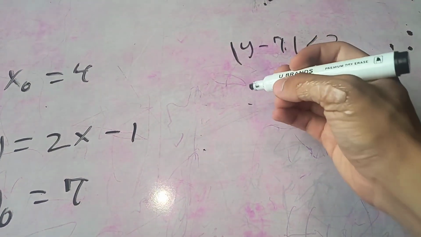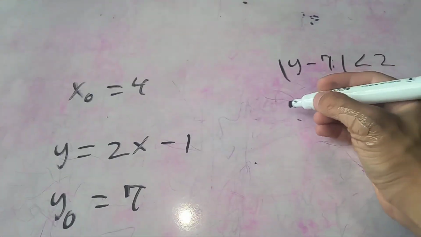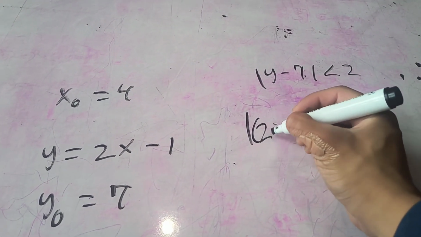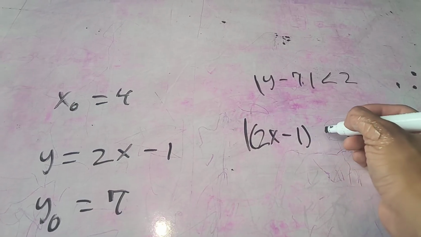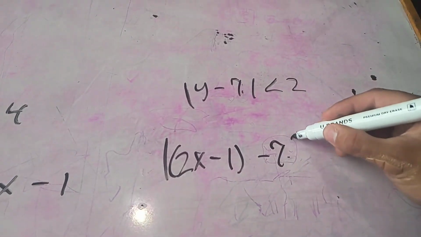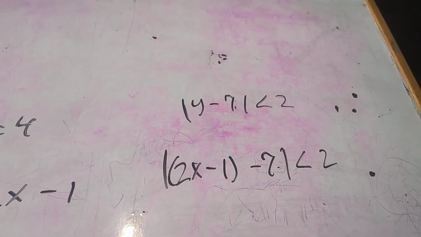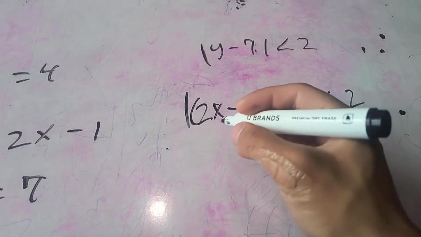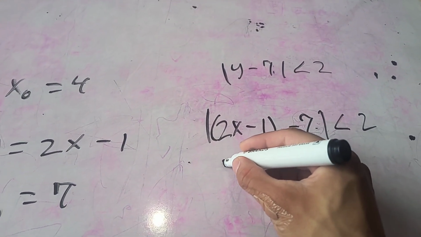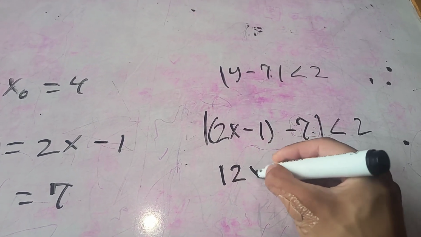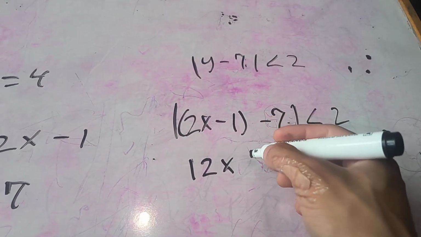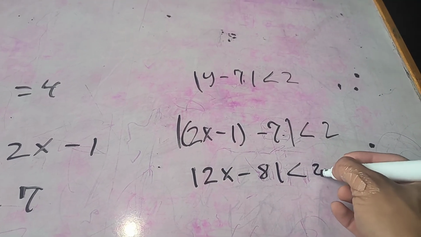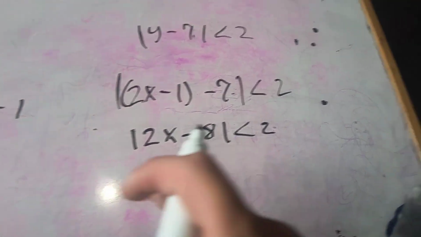And we'll say, well, this is the function, so the absolute value of 2x minus 1 minus 7 is less than 2, which is the same thing as the absolute value of 2x minus 8 being less than 2.